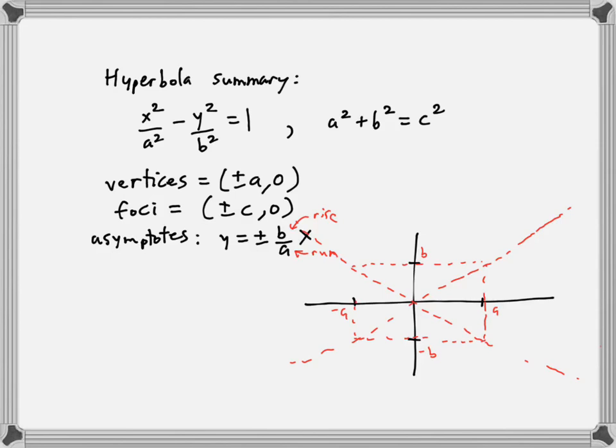Because think about it, these lines have rise over run of b over a. So these are the asymptotes. They go through the corners of your box, and now we're ready to draw our hyperbola. Hyperbolas are always going to start right at the box, and then they're going to approach these lines, but they're never going to touch them.